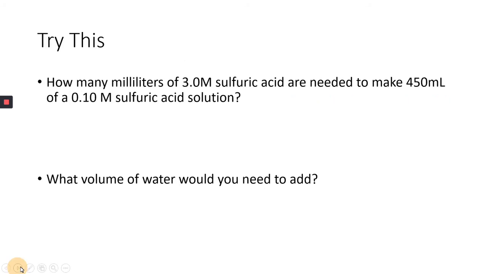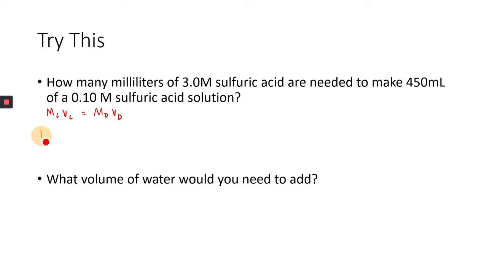So let's do an example. How many milliliters of 3.0 molar sulfuric acid are needed to make 450 milliliters of 0.1 molar sulfuric acid solution? So, what is our equation? Our equation is molarity of the concentrated times the volume of the concentrated equals molarity of the diluted times the volume of the diluted.